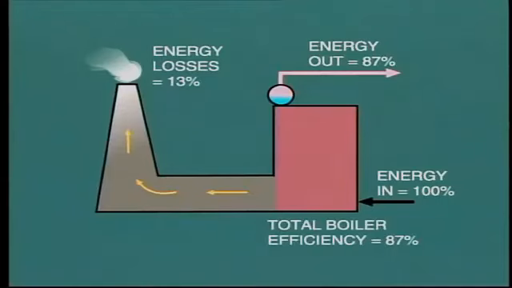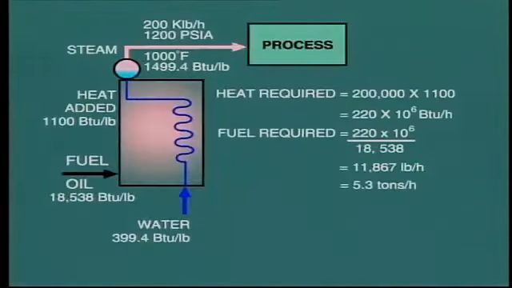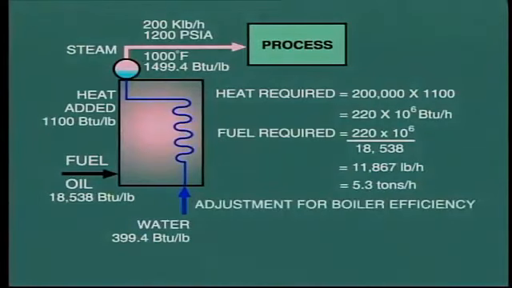Generally, the efficiency of most modern boilers is about 87%. So we need to adjust our calculated quantity of fuel required for this. To do this, we divide the 5.3 tons by efficiency 0.87, and the result is equal to 6.09 tons per hour.